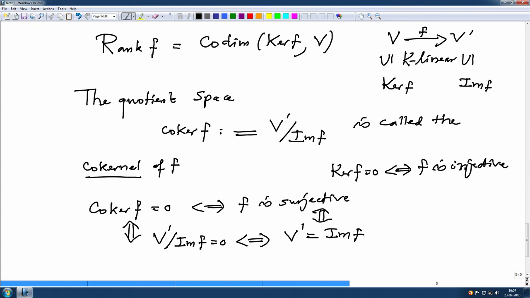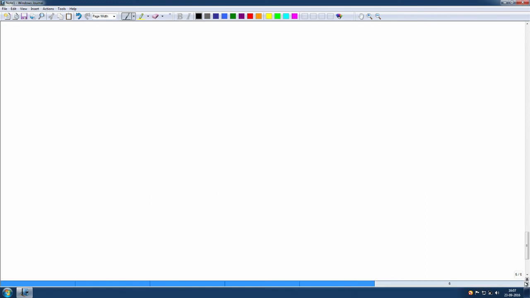Okay. So, with this I want to stop this topic quotient spaces, and now I will go on to matrices. It is a big topic, it will go on for several lectures. I will call this section matrices. I will divide this big section into 3 sections.